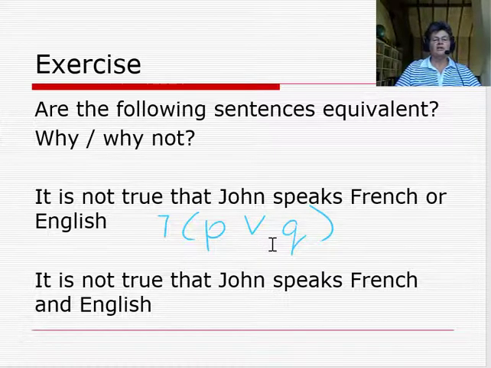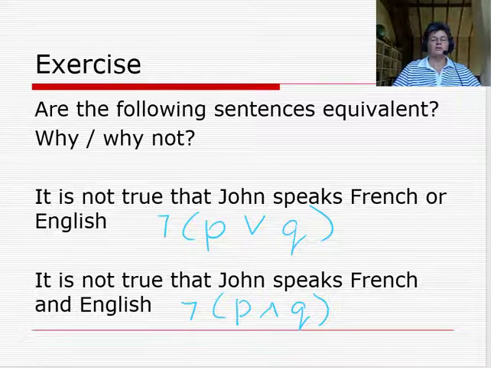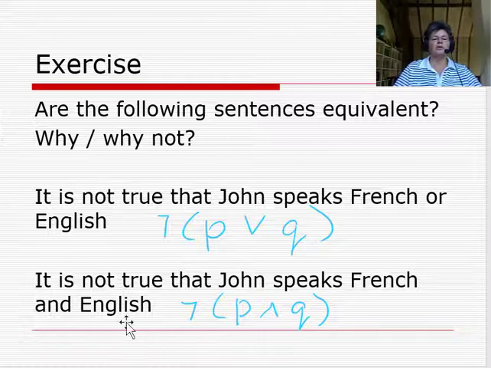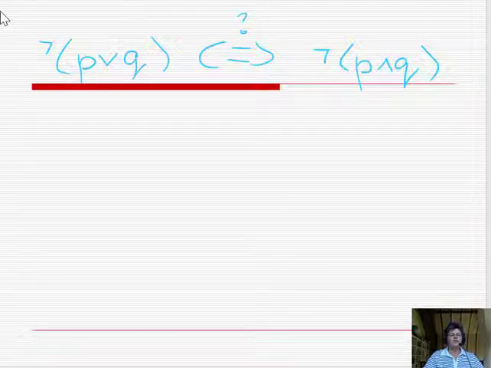And the next sentence is, it is not true that John speaks French and English. So, okay, are these equivalent? Well, let's give it a try. So we need to investigate whether not (P or Q) is equivalent with not (P and Q).